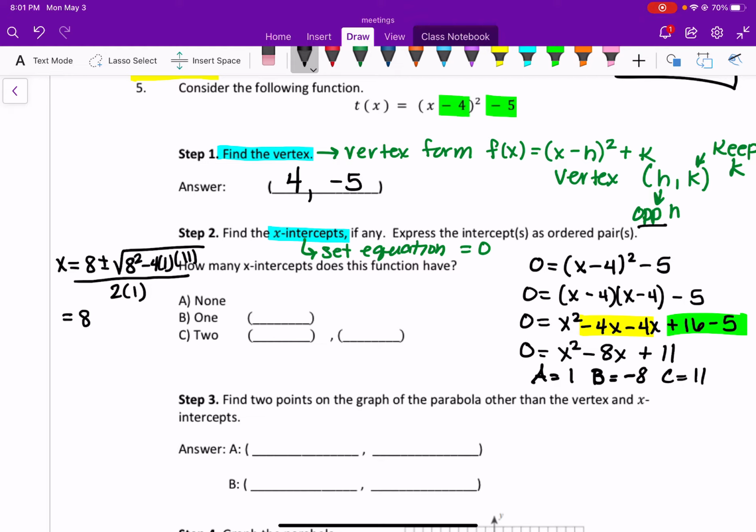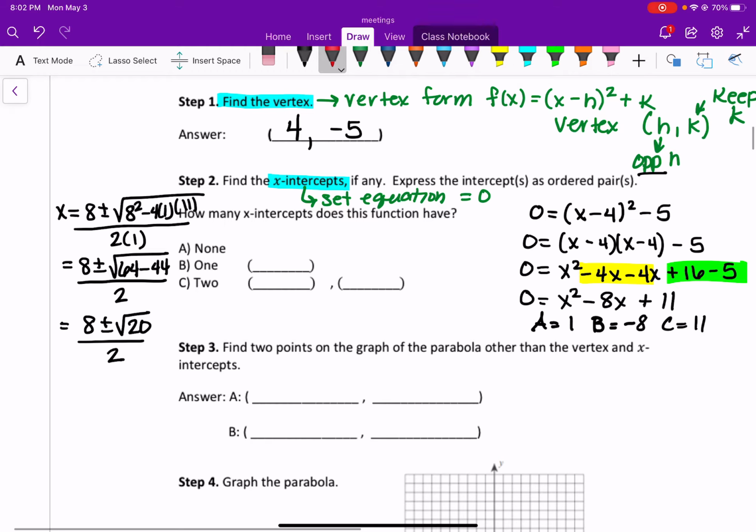So we have 8 plus or minus the square root of 64, and then 4 times 11 is going to give us 44, over 2. So this would be 8 plus or minus the square root of 20 over 2. And then because we are looking for an exact answer here, we're going to break this 20 apart and see if we can get anybody out of prison. So we're going to have 20 and 10.